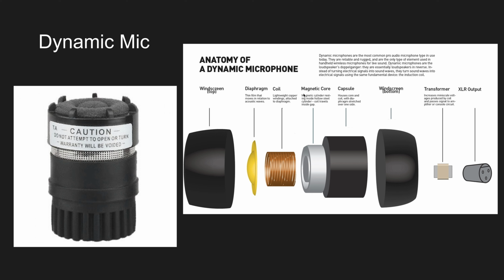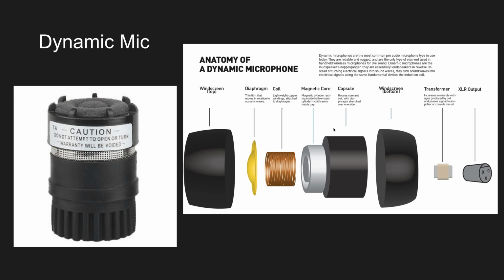And then you got your magnet core and your capsule. Technically this whole thing up to basically this part would be considered the capsule, and the capsule houses these parts right here. And then you got your windscreen on the bottom, so that would be like this right here. And then, like I said, you have a transformer inside that handle. Then you have your XLR output. Okay.